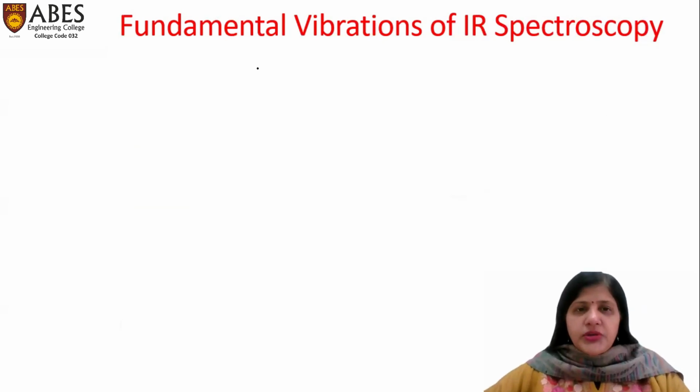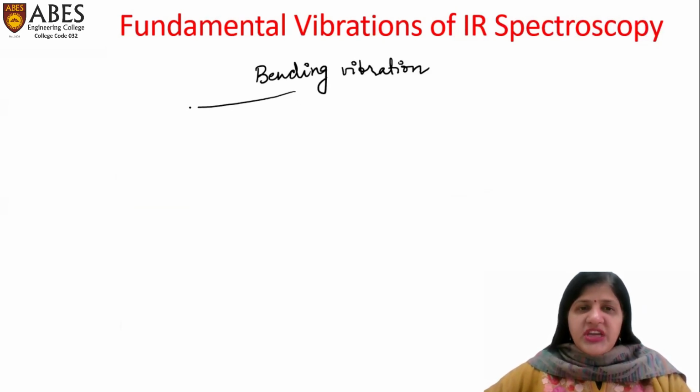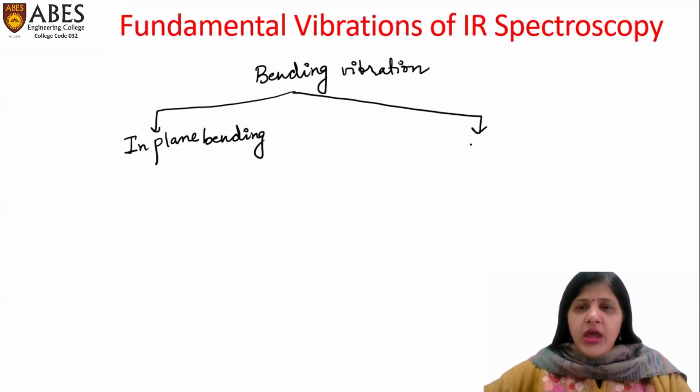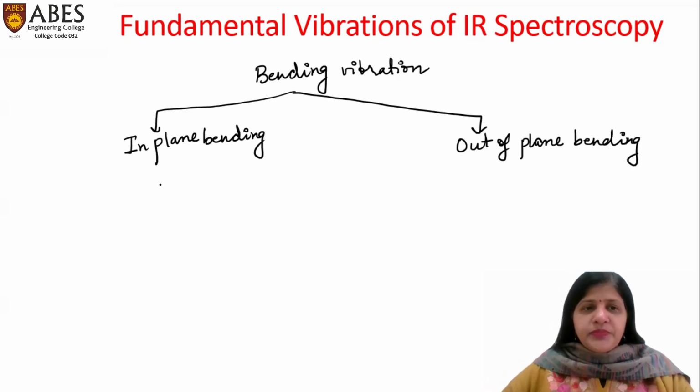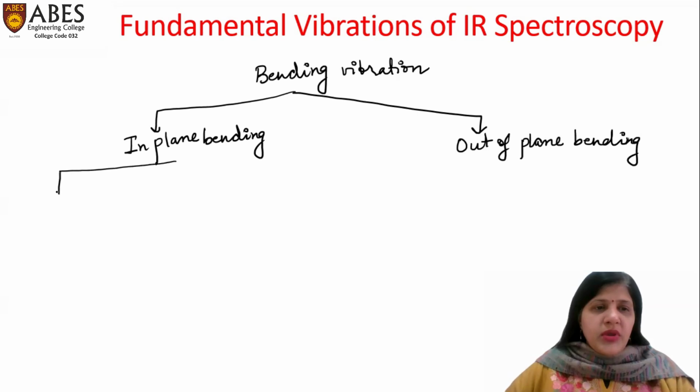Next is the bending vibration. In bending vibration, there are again two types. In-plane bending, where the molecule bends in its own plane, and out-of-plane bending, where the molecule moves out of its plane while bending. In-plane bending has rocking vibration and scissoring vibration.